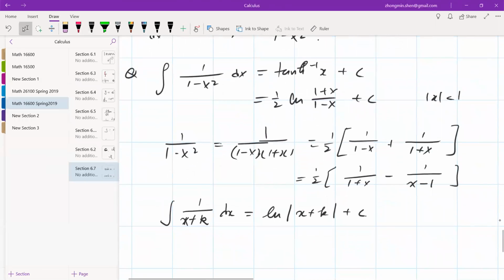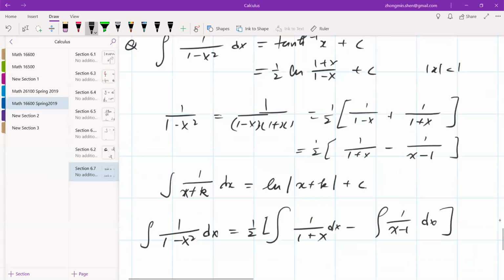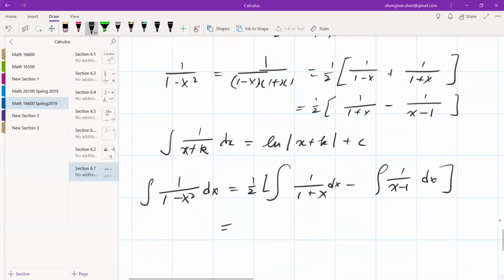You can use substitution to find this. Yeah, we did that before. So using this, don't forget the one half. So the first term I get is the natural log of the absolute value of x plus 1. The second one is the natural log of the absolute value of x minus 1, plus a constant.